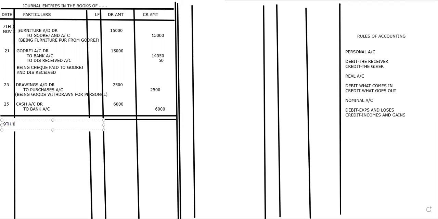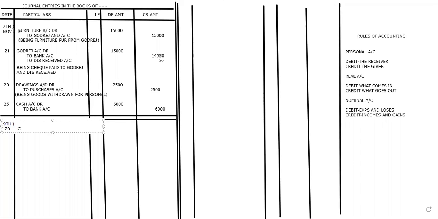Purchased furniture by check, he said. Just now we have written it: purchased furniture by check means furniture account debit to bank account. Borrowed 2,000 from Narahari. This is a new entry for you. When we are borrowing something, borrowing again means cash is coming in.